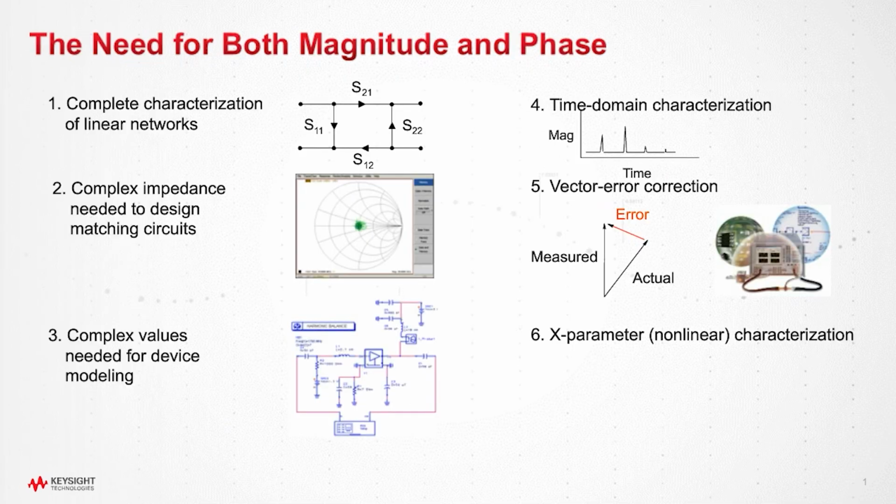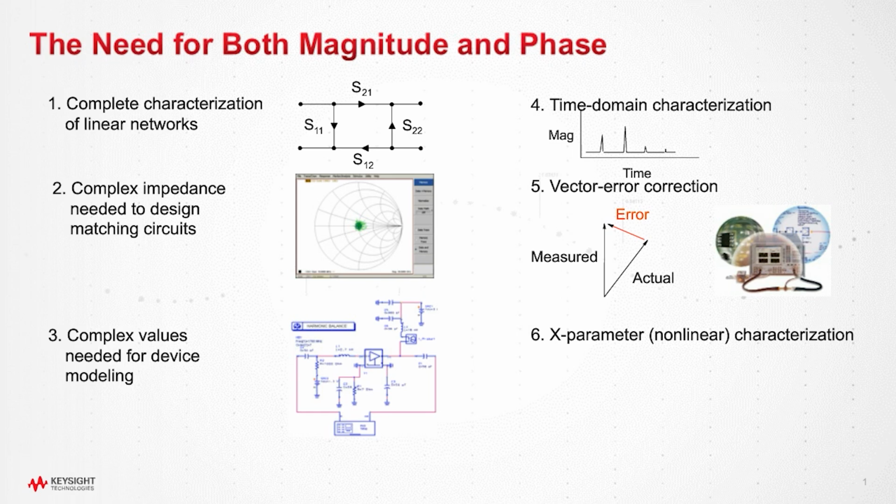Early network analyzers were scalar, and they only measured the magnitude of a signal. But nowadays, pretty much every network analyzer is a vector network analyzer that captures both magnitude and phase. And this is very important for several reasons. First of all, having both magnitude and phase gives you the complete picture of your device's performance.